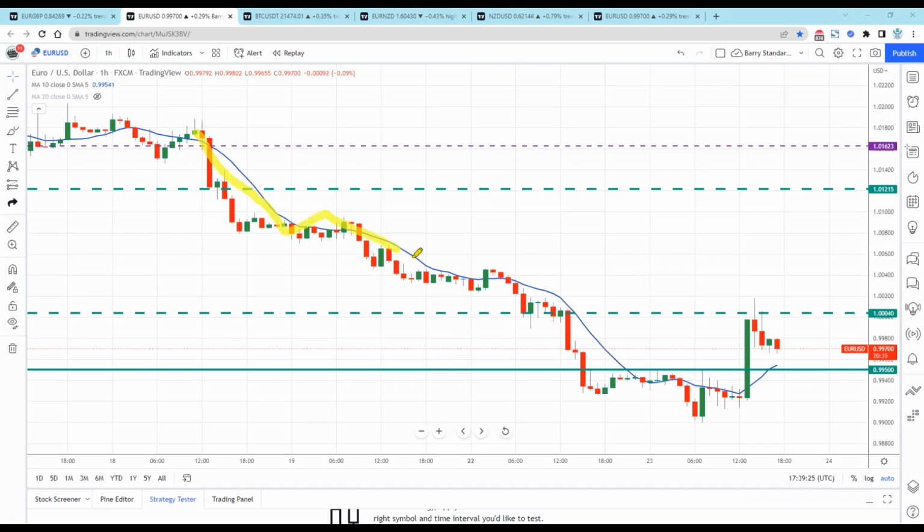Now we can see push, ease, push, ease, push, ease. There is no price definition that goes with a trend. It's a series of higher highs and higher lows.